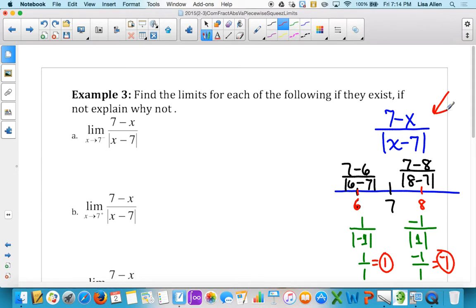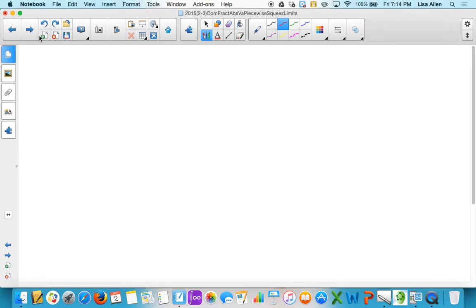So we're going to take this expression and simplify it according to the absolute value rules. I'm going to take that on another page and say 7 minus x over the absolute value of x minus 7.